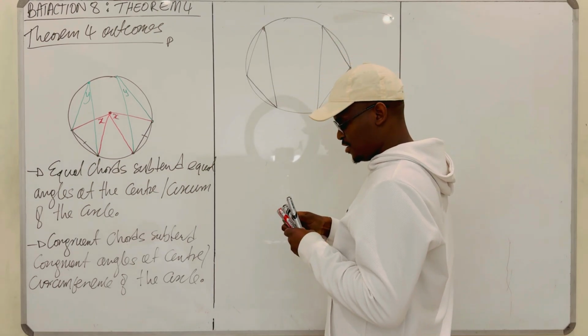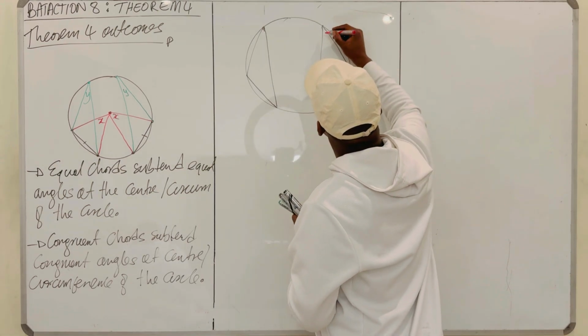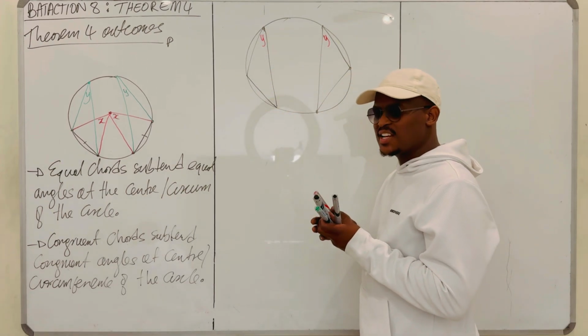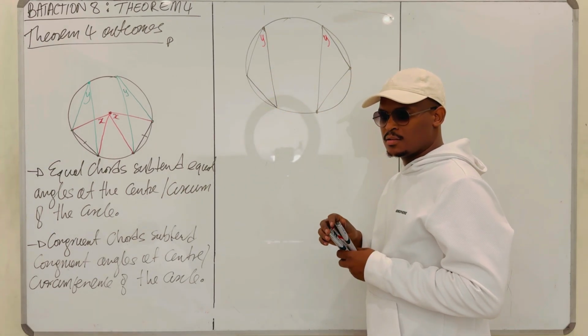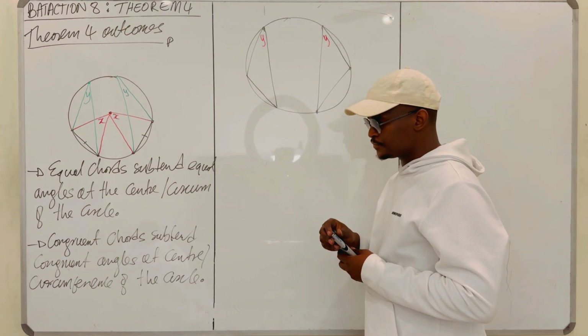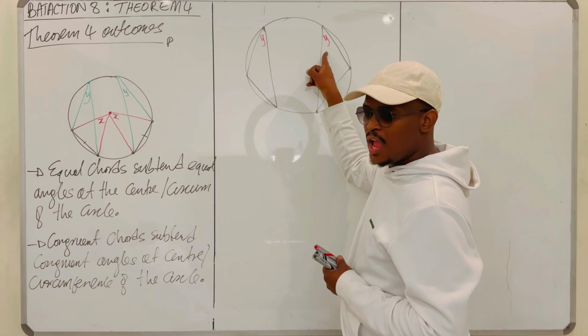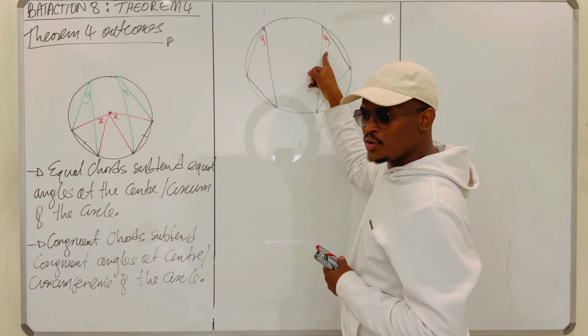And this angle here is y, and that angle is y. So those chords subtend equal angles. Those two chords subtend the equal angle y. Are you guys following?